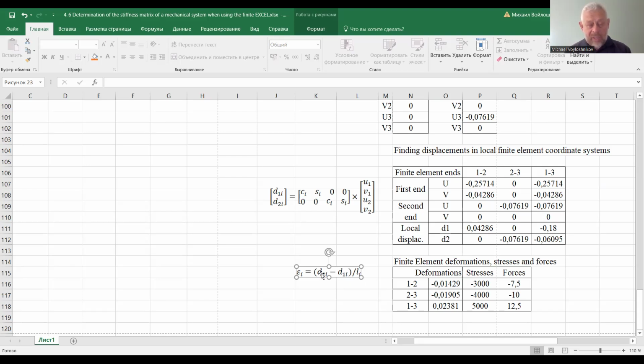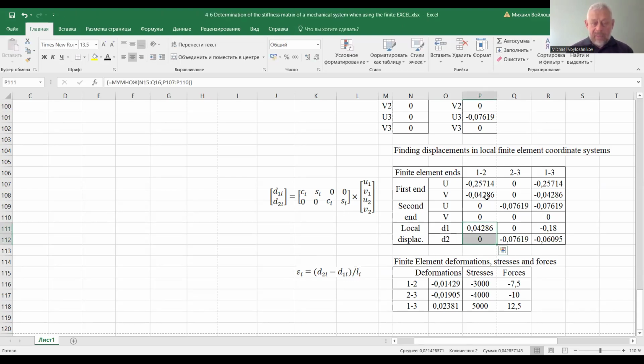The displacements of the end and of the beginning of each finite element we take from the previous matrix, obtained by the product with the global coordinate system displacements as the second factor. But first we used the cosine matrix of each finite element.